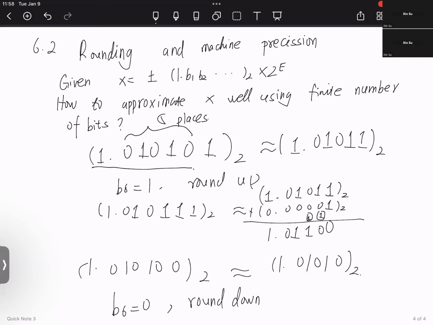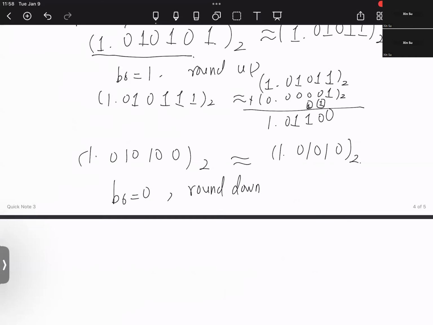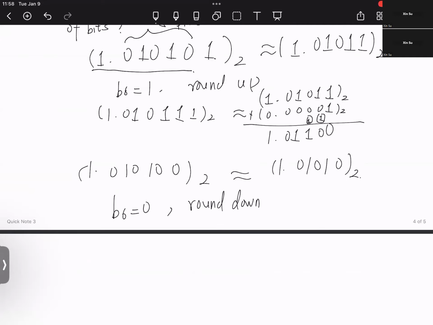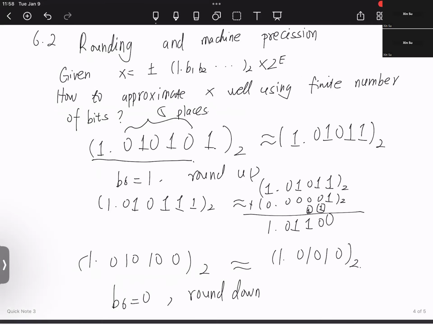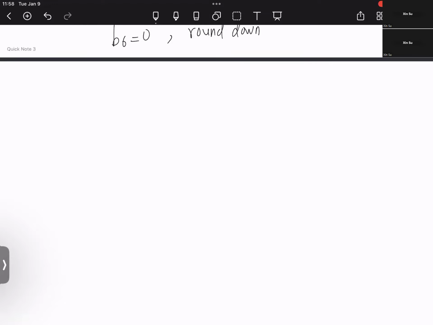Does it make sense? So I have one formula for you, but this is in practice how we do it. And then the formula for how to do the rounding up, rounding down, for the binary representation, this is the formula.